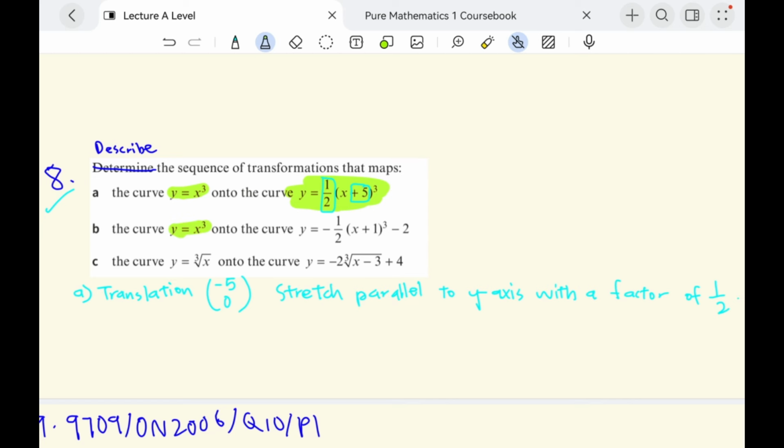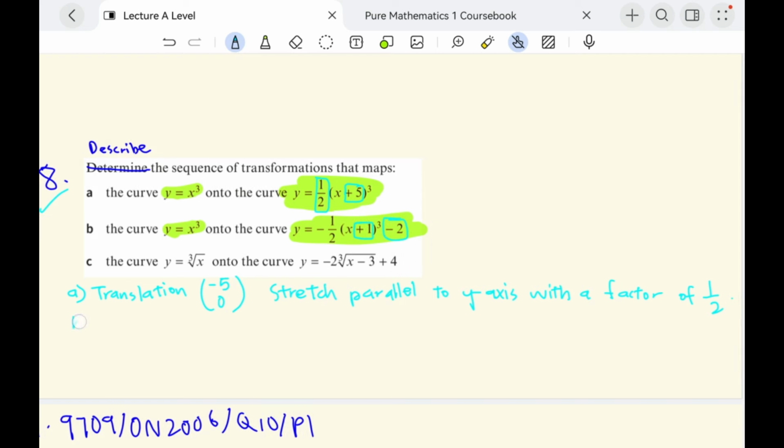Describe the sequence of transformations that maps the curve y equals x cubed onto the curve y equals negative half (x plus 1) cubed minus 2. So, okay, first step, you have plus 1 and minus 2. So for this b, you undergo a translation. You have plus 1, so you have negative 1 generally, and also minus 2 is negative 2.